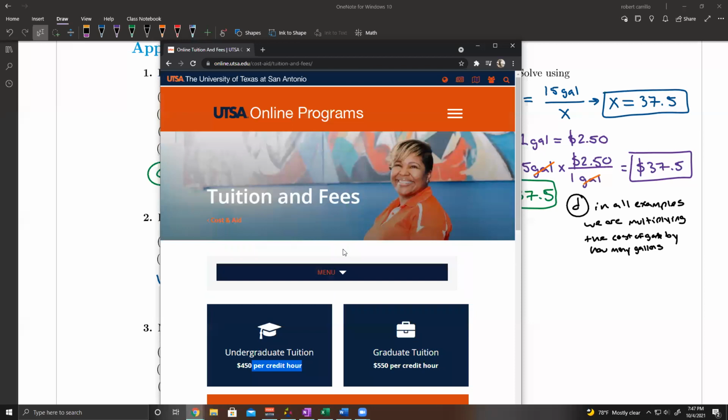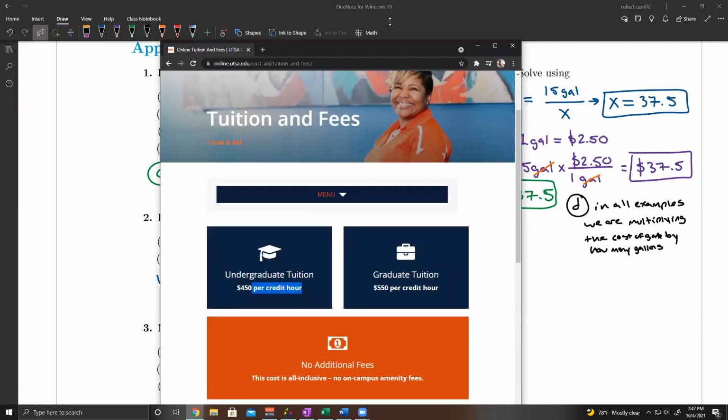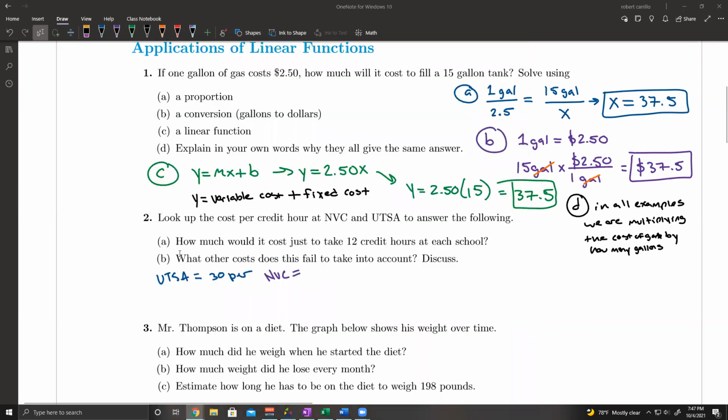That sounds about right. That sounds much better. Okay. Sweet. We have it. Now it all makes sense. I was like, there's no way that UTSA is less expensive than Vista. $450 per and $99 per.